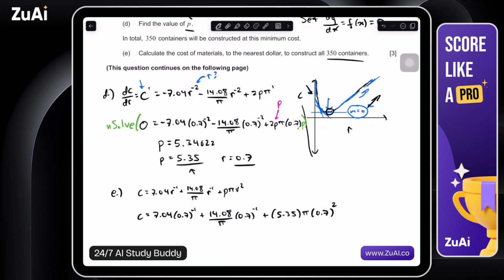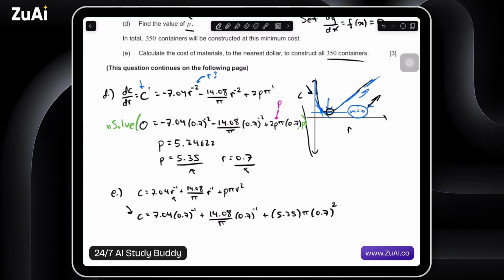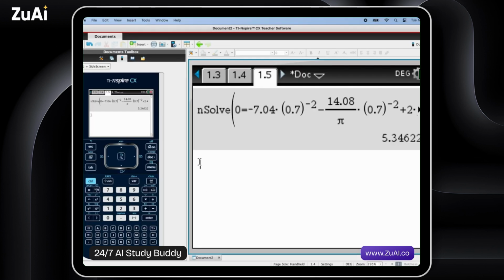So we know what P is, we know what R is, we have a cost which relates the cost of one cylinder to the radius, and if we know P, we can just substitute that in. So that would give us the cost of one cylinder. So let's go back to the calculator and work that out.